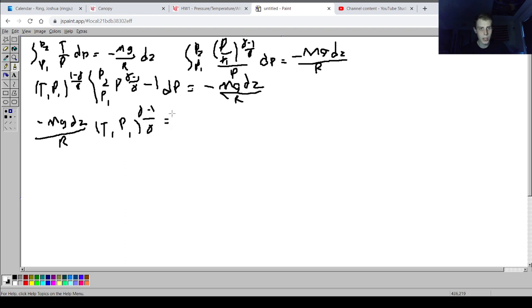And that's going to be set equal to our integral p2, p1 p. Oh, excuse me. Where am I at? Here we go. Lambda gamma minus 1 over gamma dp.